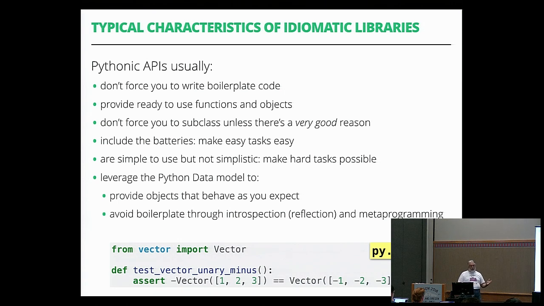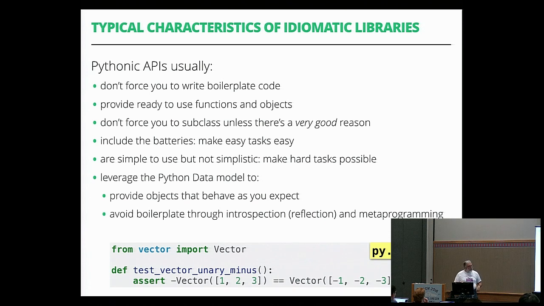So they include batteries, so they make easy tasks easy, and they are simple but not simplistic, so they make hard tasks possible. One plugin that PyTest has allows you to run your tests in parallel on a network, and it's really amazing. You can do that in the office late. You only have to get the agreement of your colleagues to have a key installed for their machines, and this PyTest add-on actually connects to the other machine, sets up an environment to run the tests, and then erases the environment so the machine is clean.